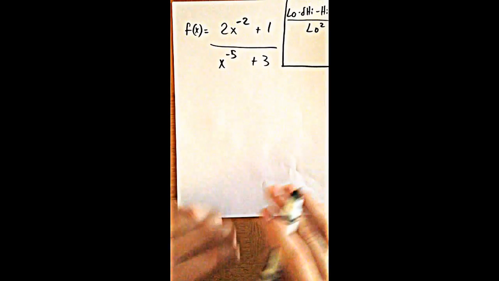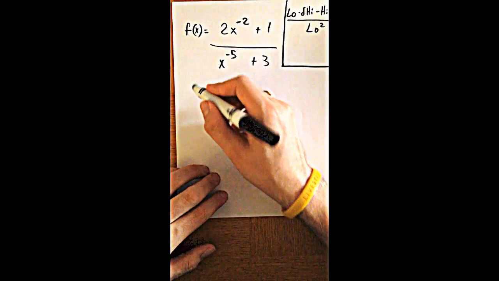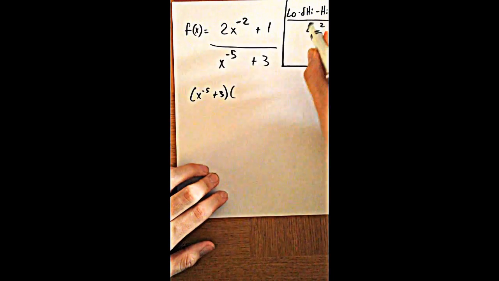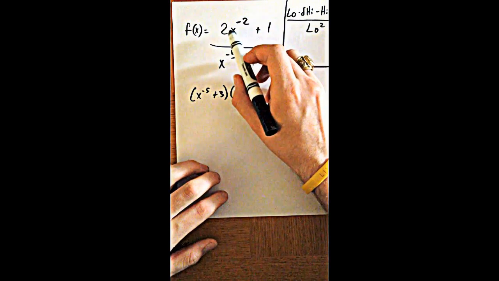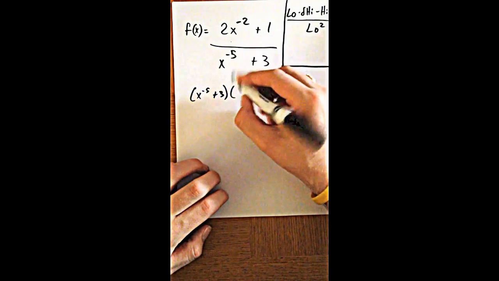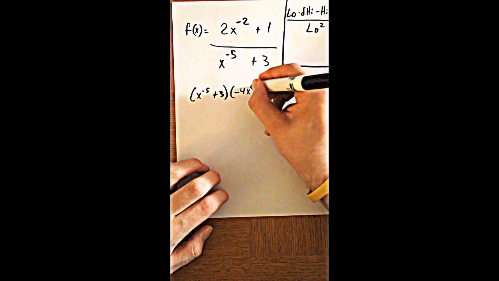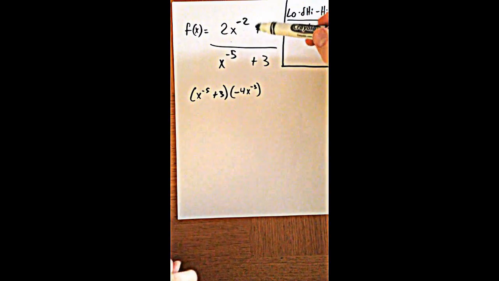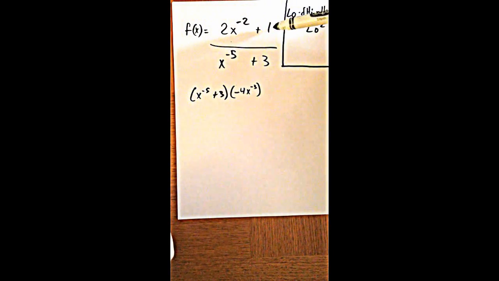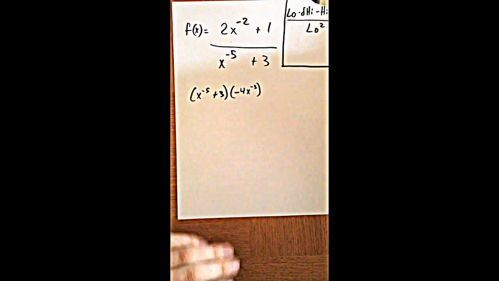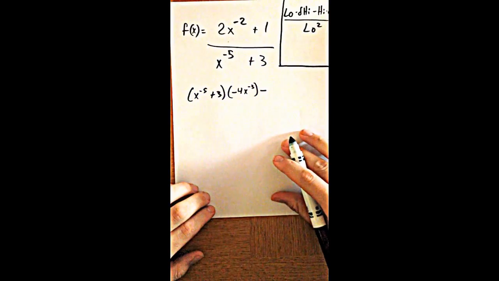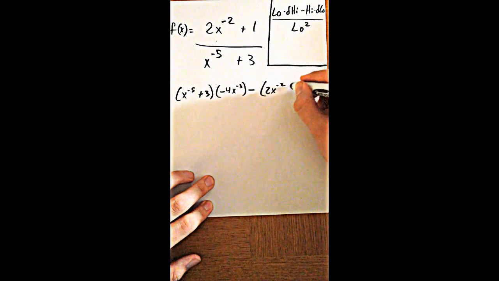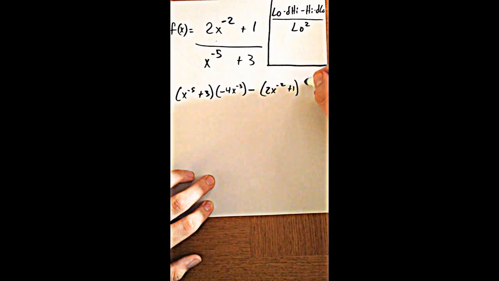So low becomes x to the negative 5 plus 3, rewriting, d high, so the derivative of 2x to the negative 2 will become negative 4x to the negative 3 using the power rule. And given that the derivative of 1 is just 0, the derivative of any constant is 0, okay, minus high, rewriting the top term, 2x to the negative 2 plus 1, d low.